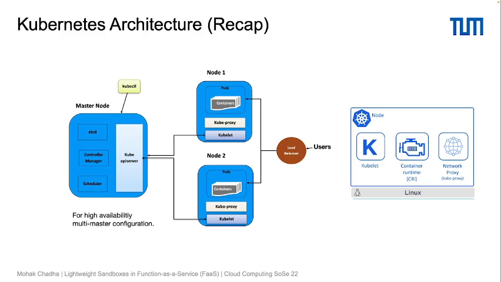Up until the recent version, there was some kind of adapter called the Docker Shim. Yeah, exactly, it was deprecated in 1.24. That's correct. And there's also CRI-O, which is a third runtime. So these are three popular ones: Docker Shim, Containerd, and CRI-O. Here we will focus on Containerd.